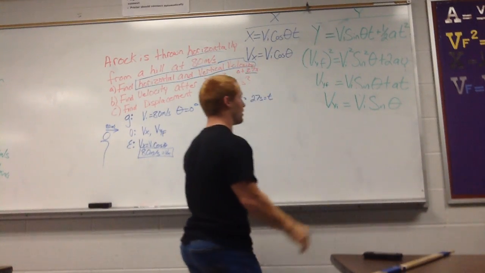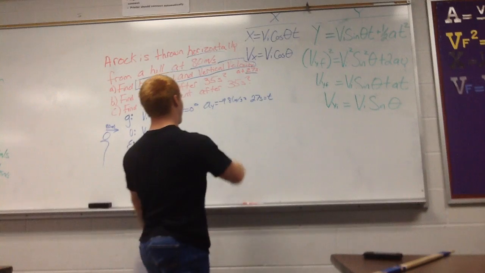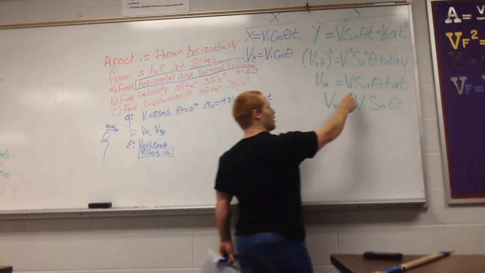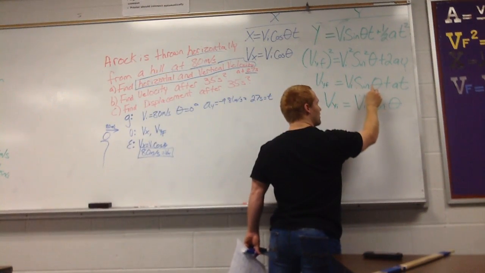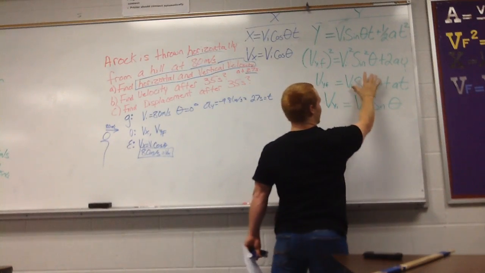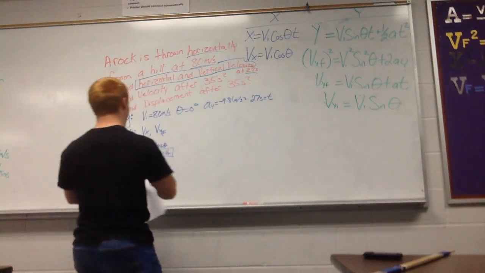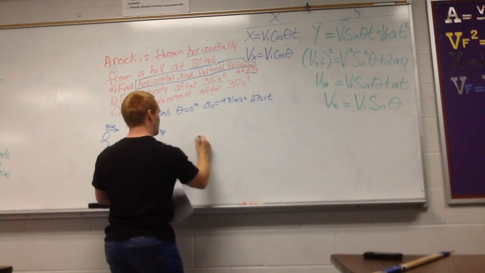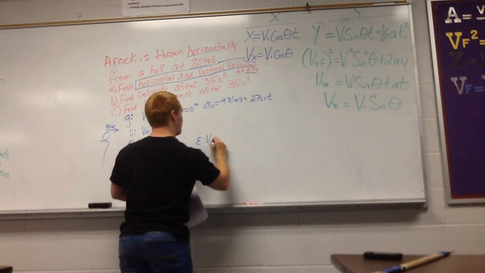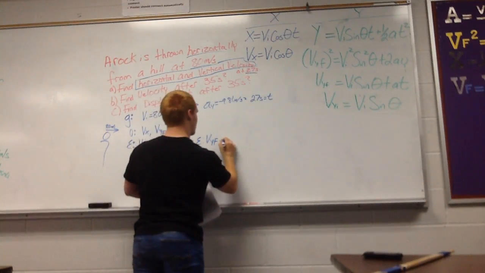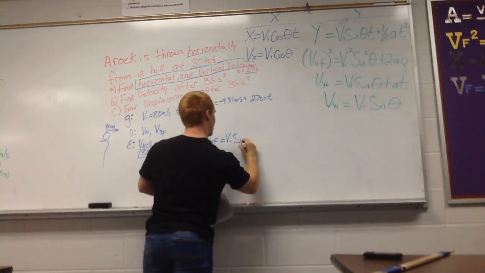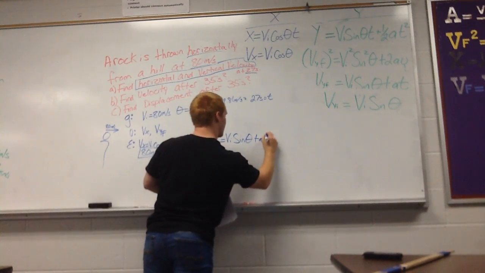Also, very important to know, for horizontal motion when theta is 0, sine of 0 is 0, so this is going to cancel out anyway. That's important for you guys to remember. So my equation is going to be Vyf equals Vi sine theta plus at.